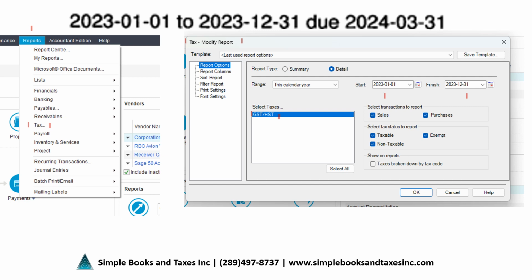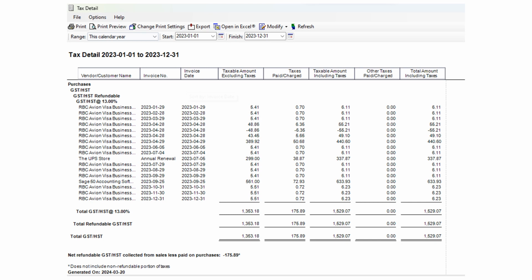I usually like to have the detailed report and then press OK. The tax report will confirm the refund amount that we have on the balance sheet, and it's also confirmed in writing over here.